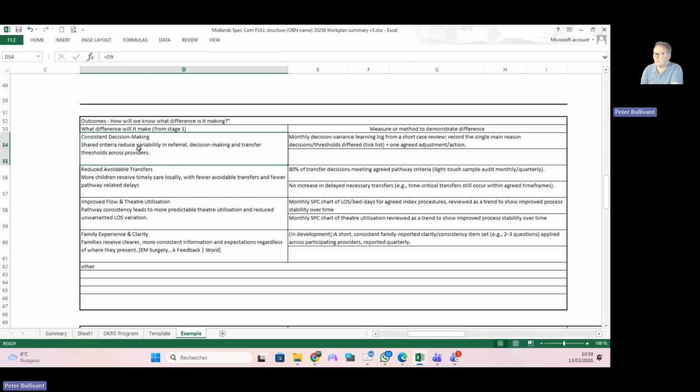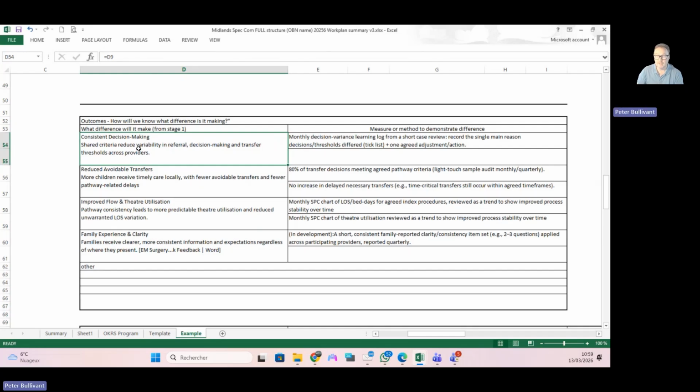So therefore, this is a way of understanding as a collective, and with your board, we've made the changes we said we're going to make, we've delivered the outputs, but they haven't quite worked, and therefore we need to change. So it's a feedback mechanism to yourselves and to your boards, as well as to the wider system.